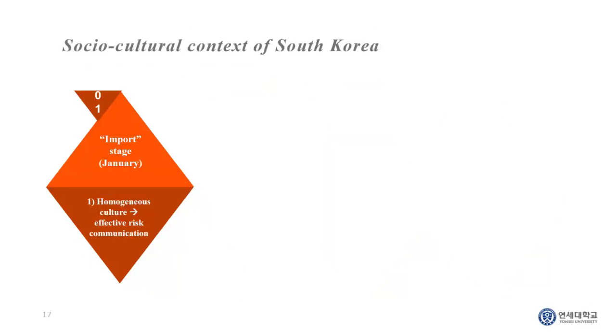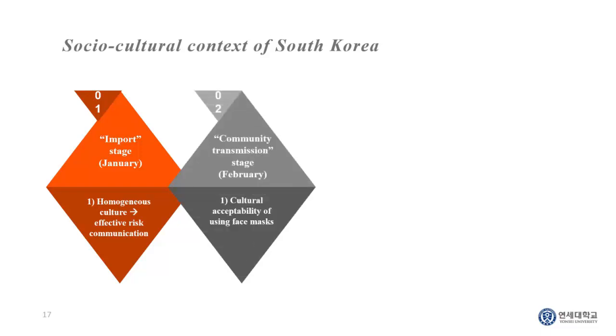Let me explain the cultural context of South Korea. Because South Korea had a homogeneous culture, risk communication worked effectively. Because of the yellow dust coming from China, Koreans have used face masks.